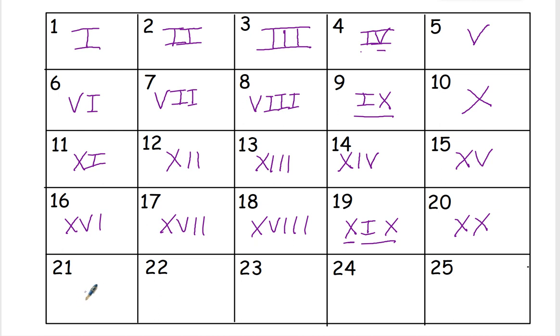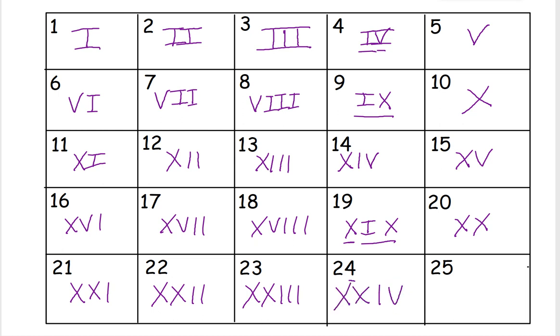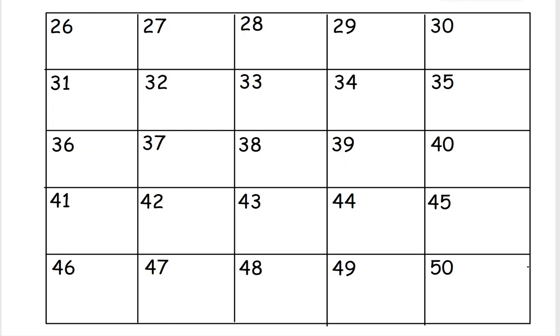So 21 is going to be 2 X's and an I. I'm just going to keep going quickly. And then 24, we'll use the 4, so we have XXIV. And then 25 is XXV. So we're just going to keep going until I get to 39. 27 is XXVII.